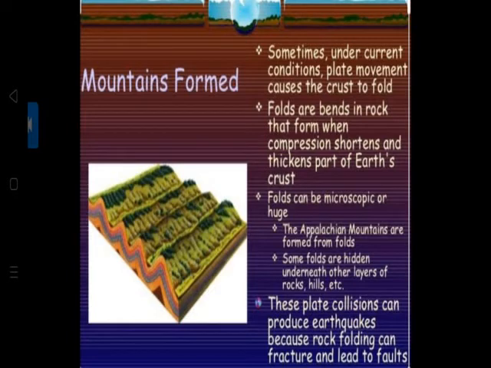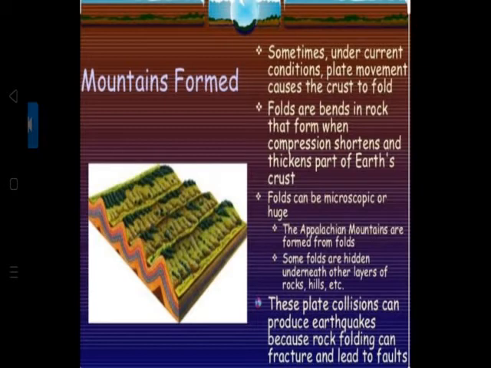Now, basically, we are talking about Earth's movements, and here we are also talking about how mountains are formed. Sometimes, under certain conditions, plate movements cause the crust to fold. I explained to you all what plates are, what a crust is, what a continental crust is; I repeat: it is the outermost layer of Earth's lithosphere that makes up the planet's continents and continental shelves.